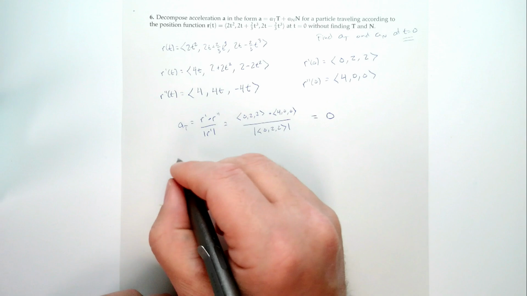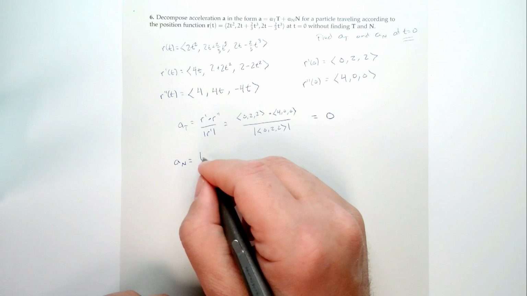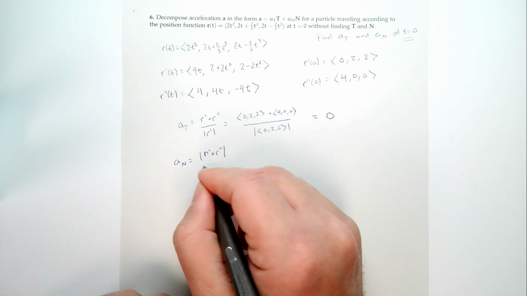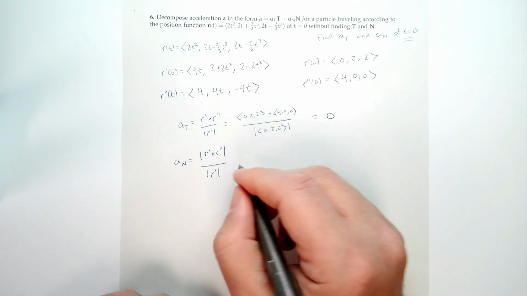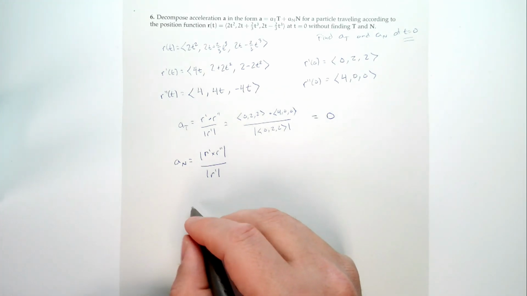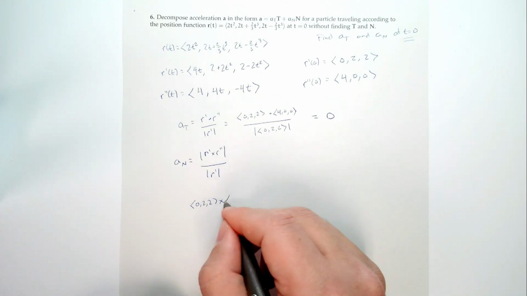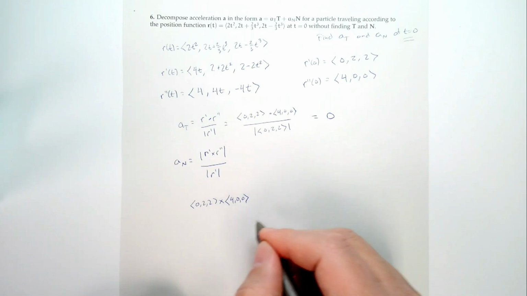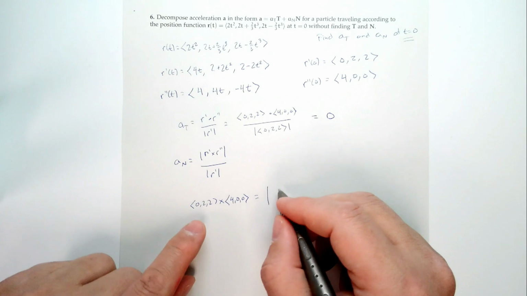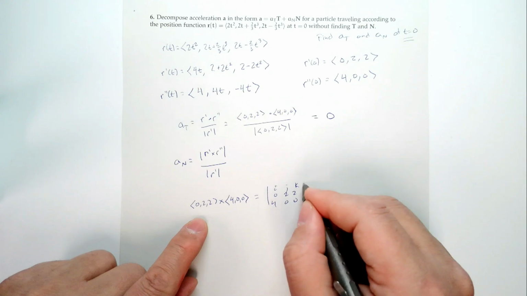Done. All right, how about a sub n? Well, a sub n says take the magnitude of r prime cross r double prime divided by the magnitude of r prime. All right, so let's do some work. So we're going to take 0, 2, 2 cross 4, 0, 0. So let's see what that would be. i, j, k, 0, 2, 2, 4, 0, 0.